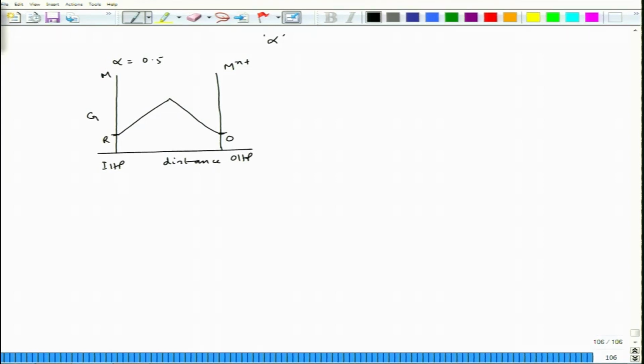Now, if the oxidation process becomes faster, then there will be a change in the activation energy, as we have noticed earlier. The new position of the activation barrier would be this one.